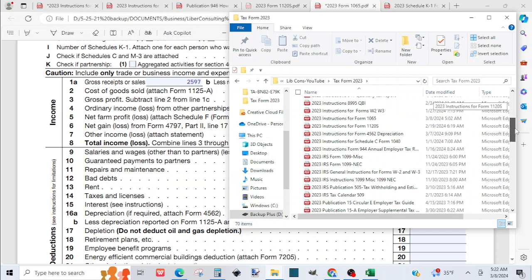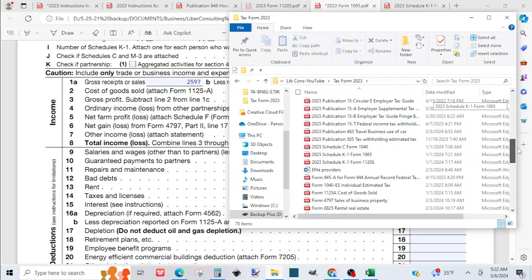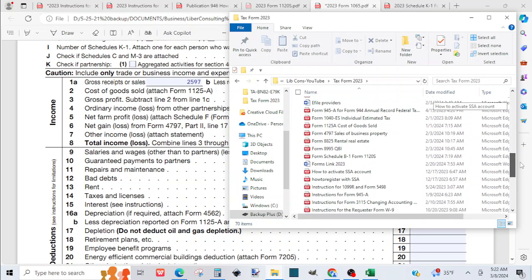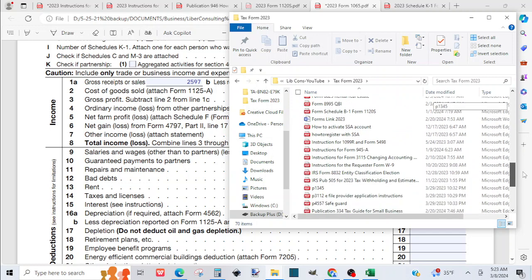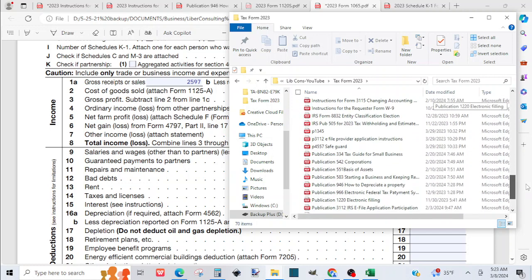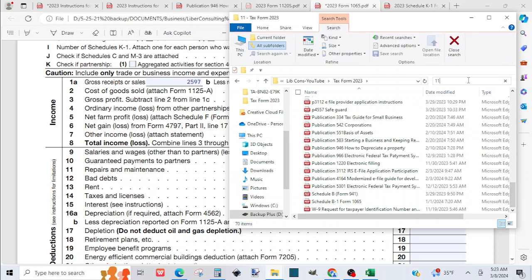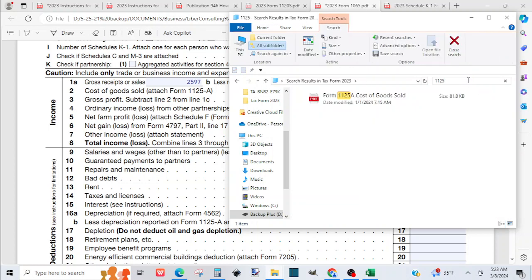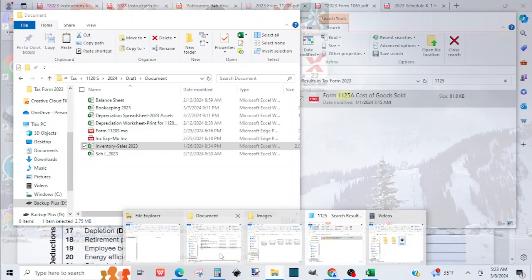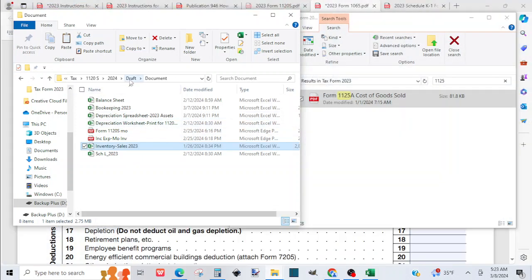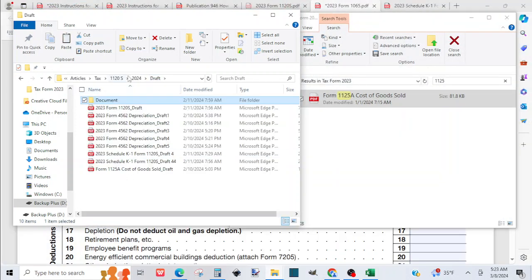I can search for it as well. Okay, we can just copy this, and we can go to our file if I don't have it yet.